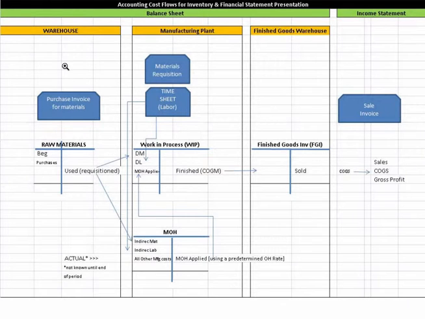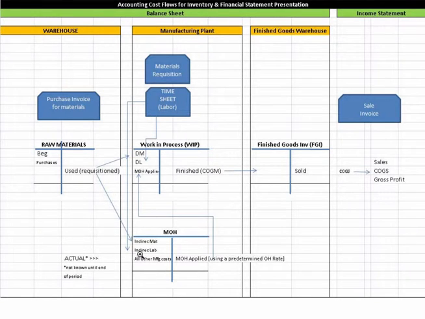And by the way, look at this: warehouse, raw materials, manufacturing plant, WIP account, finished goods warehouse, finished goods inventory. So in terms of WIP, you have the raw materials coming from the warehouse. The credit here becomes a debit here. Obviously, that's how you figure out the journal entry itself.